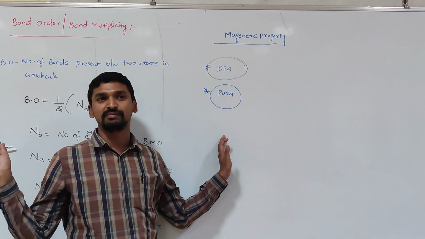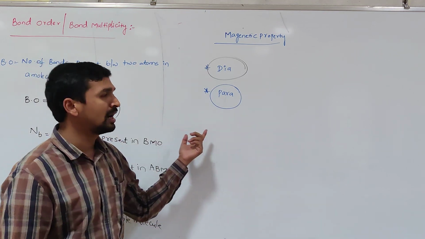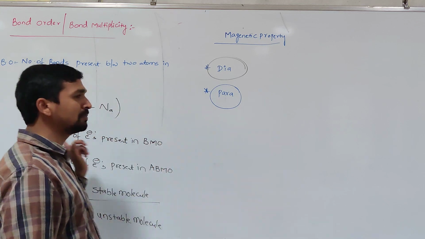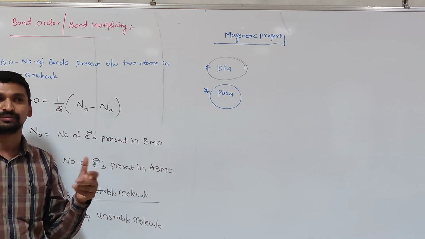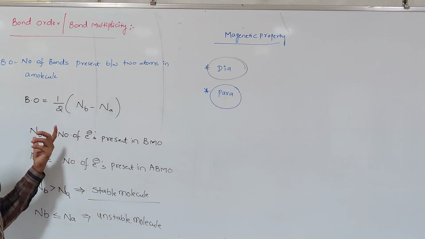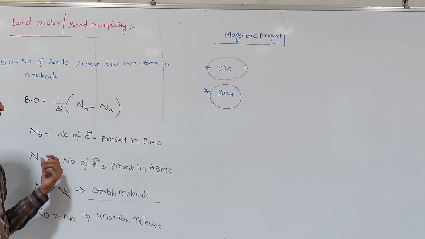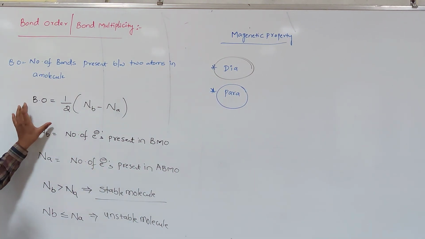Without knowing that sequence, it is not possible, because both depend upon it. Once we are able to write the sequence by filling the electrons, it is easy to know how many electrons are in bonding and anti-bonding molecular orbitals, and from that we get the bond order.